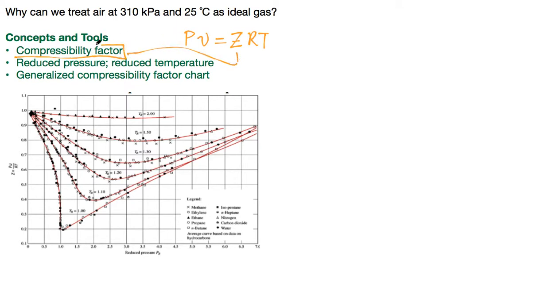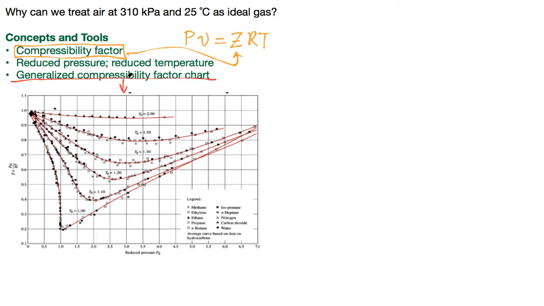Z is the compressibility factor. So for an ideal gas, Z is equal to 1. If a gas's Z is very, very close to 1, then that's a very good approximation to the ideal gas model. And in order to find the compressibility factor for a particular gas in a certain condition, we use the generalized compressibility factor chart, which is this chart.